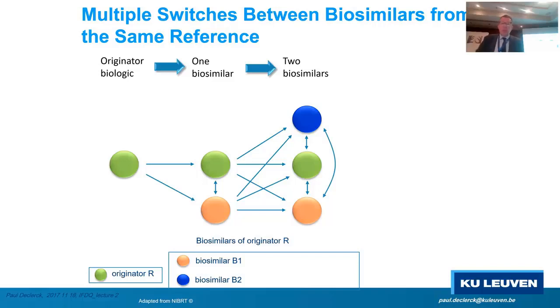This means that when the patient has been treated with the originator molecule, and then maybe 6 months later with the biosimilar B1, it could happen after 12 months that the tender goes to the blue, to biosimilar B2, and then the patient may be subjected to biosimilar B2.